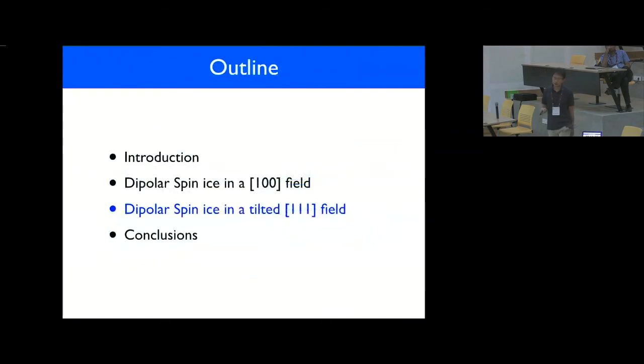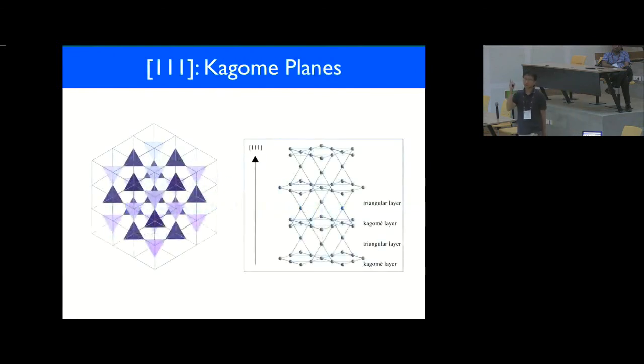So I'm going to the next topic. We want to apply a field in the 1-1-1 direction, but slightly off the symmetry axis. If you look at the 1-1-1 direction, this pyrochlore lattice you can basically think of as Kagome layer, triangle layer, Kagome layer stacking.